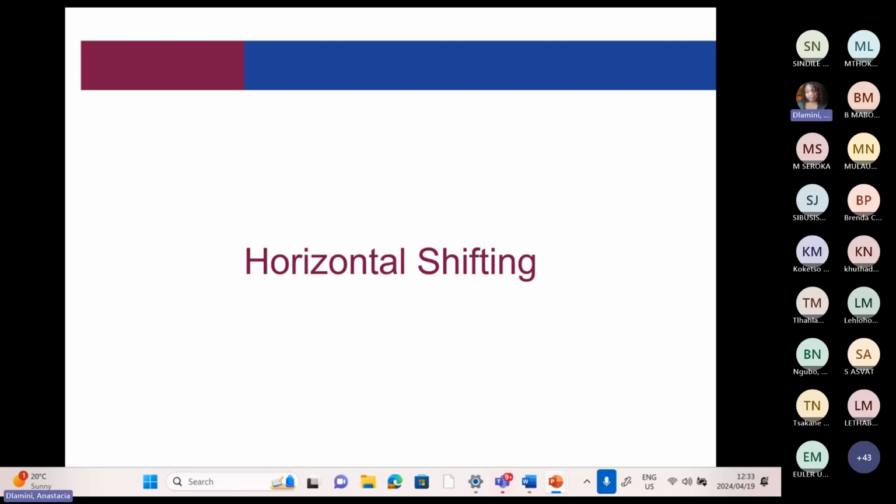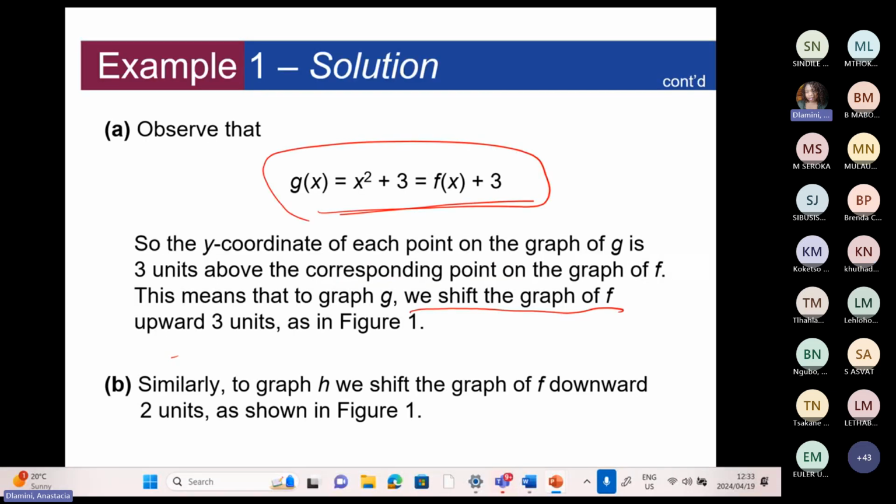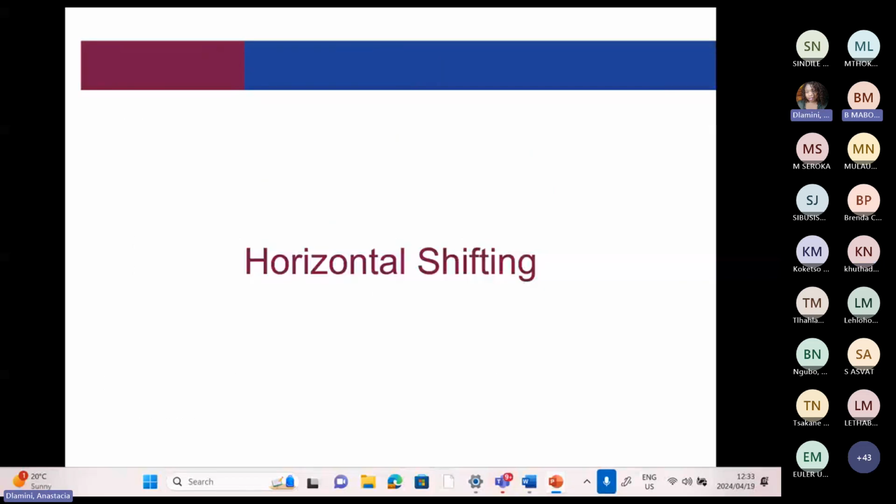Are we clear, guys? Yes, ma'am. Remember, with vertical shifts, when you are adding, you go up. When you are subtracting, you go down. With horizontal, when you are adding, you go to the left. When you are subtracting, you go to the right.